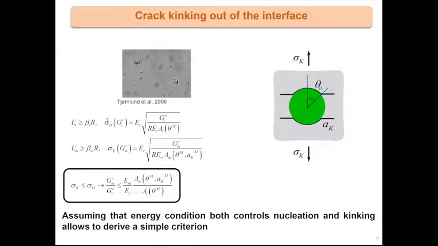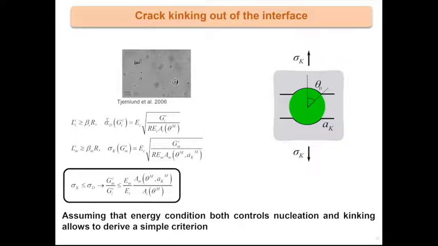For example, if we assume that both the interfacial crack initiation and the crack kinking are dominated by the energy condition, it's very comfortable because you can write, for example, this kind of conditions.